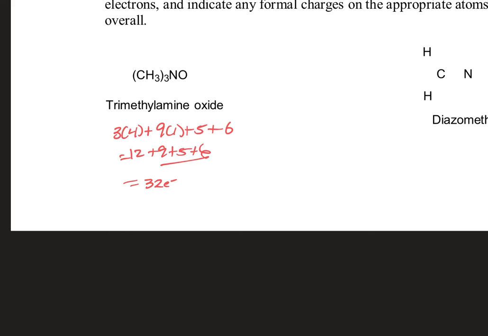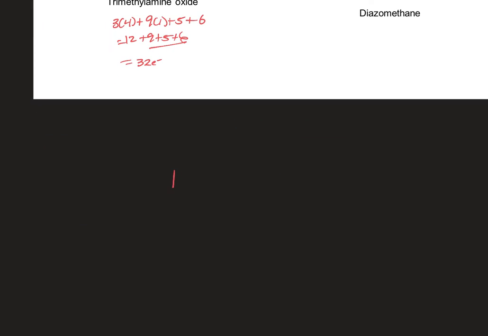This actually is giving us a structure. We have an NO, and then it's giving us 3 methyl groups. All right, so I don't technically need or want to draw the complete Lewis structure, but it'll work out here as you see.